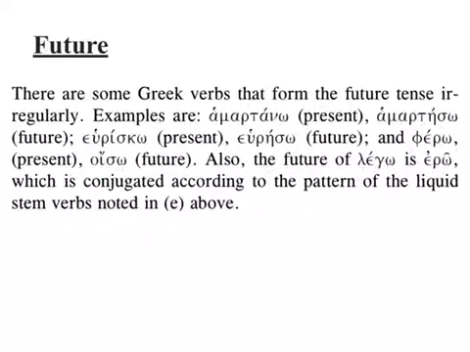Everyone understand that? Okay. So there are some future verbs that form the future tense irregularly, which you just have to know. So hamartanō is hamartēsō, so the alpha is lengthened to eta.